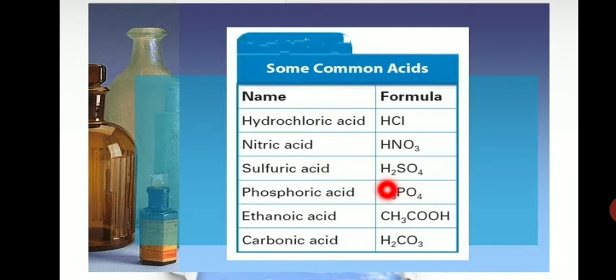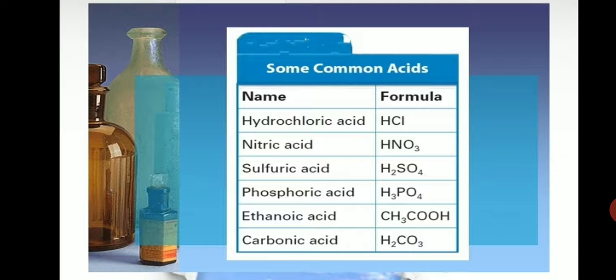In the case of sulfuric acid, it contains 2. In phosphoric acid, 3. In ethanoic acid, 3 plus 1, 4. Like that, all the acids contain hydrogen. That means an acid must contain hydrogen. Or we can say that all the acids contain hydrogen.